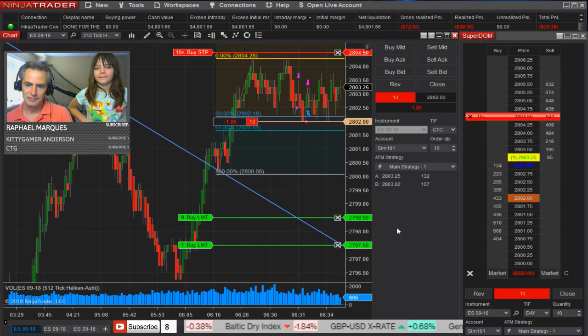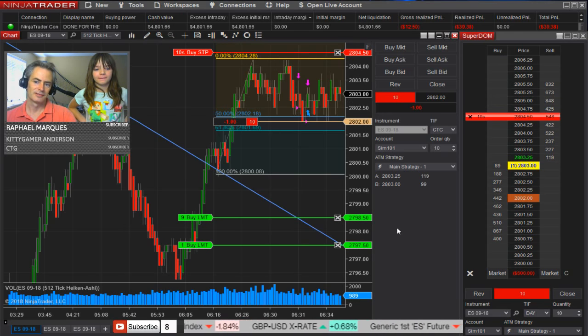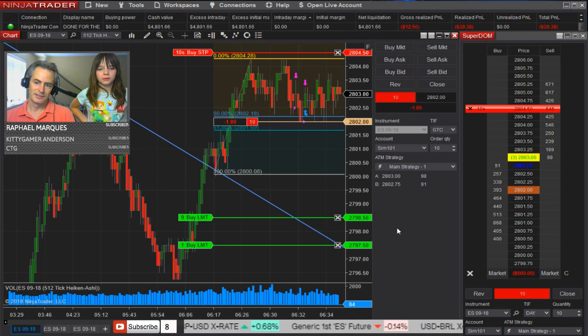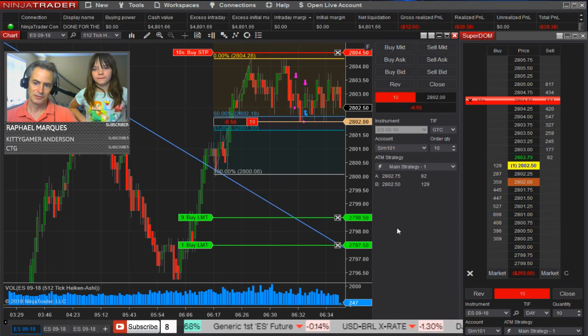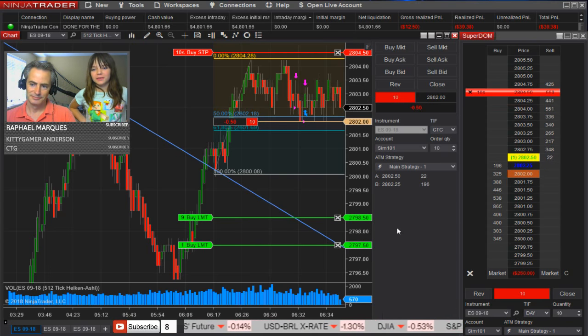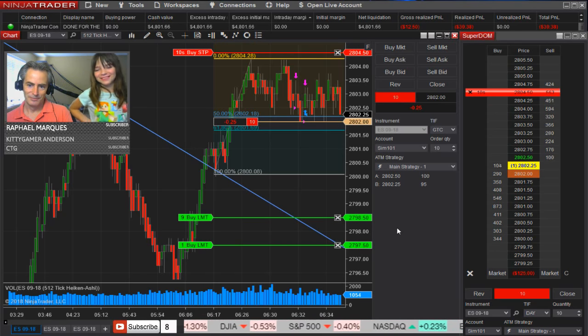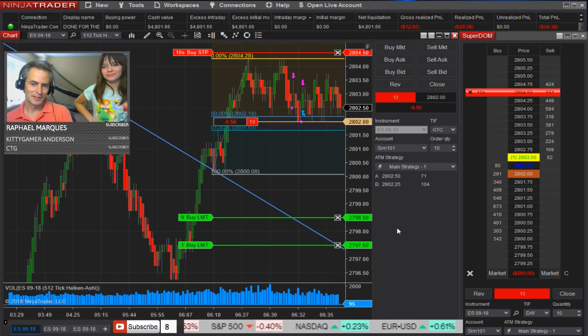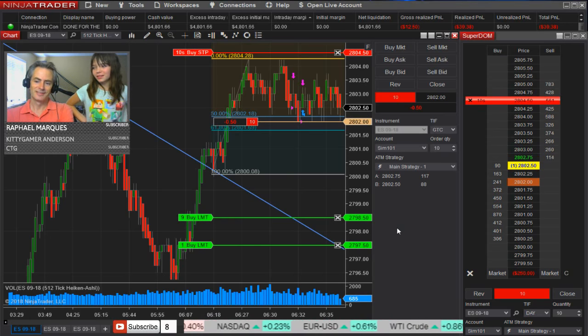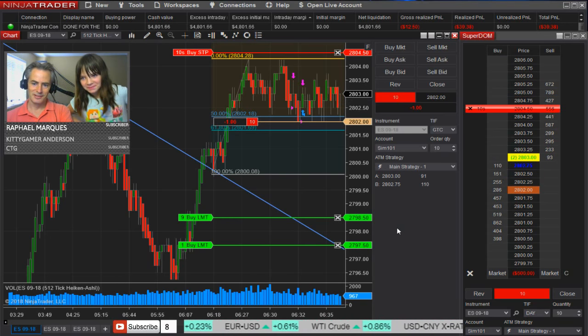Oh, starting to form a nice bull flag there. We'll see if it goes up or if it goes down. It's obviously gonna go down. But it's holding that 50% retracement there. So it's right to the T.